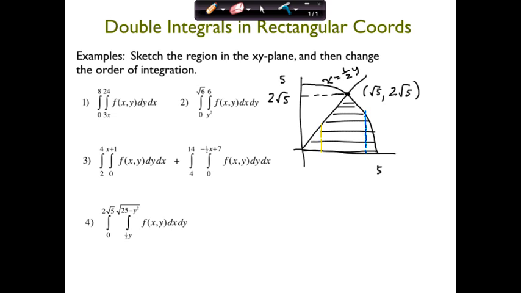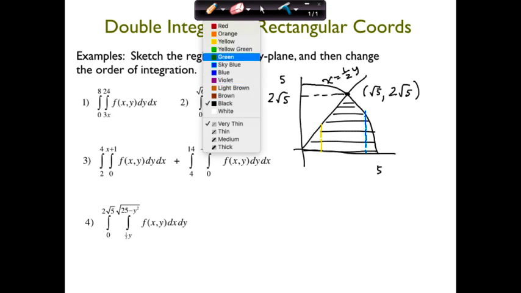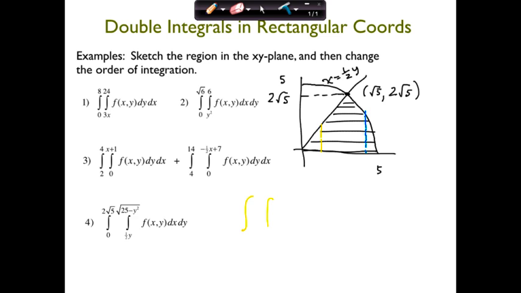So that's that point, and let's write it down here. We're doing dy dx. y goes from 0 to y equals 2x, and that's from left to right, so the leftmost is x equals 0 and the rightmost is right there, square root of 5. That's the pea green section.